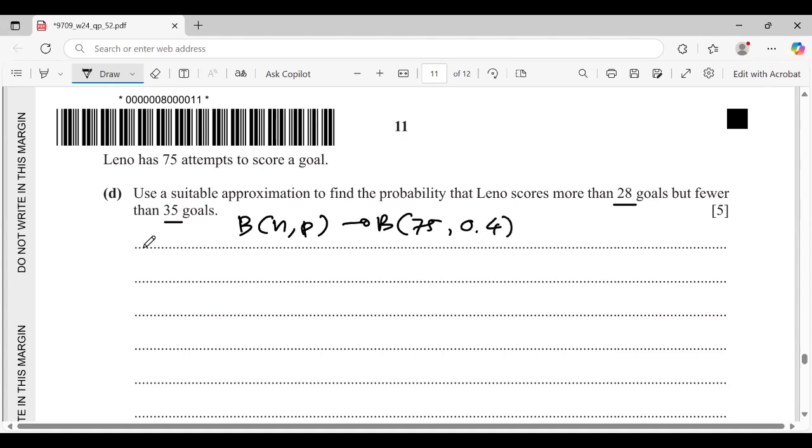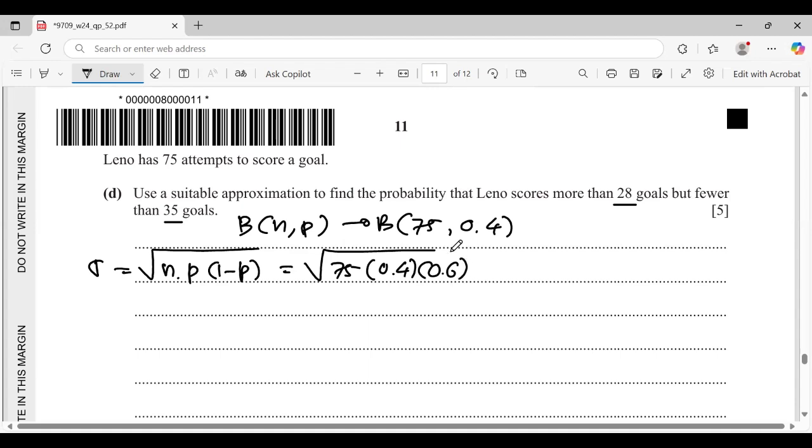The standard deviation we can find: square root of n times p times 1 minus p, equal to square root of 75 times 0.4 times 0.6. This is square root of 18, and if you calculate this, it's 4.24. So this is the standard deviation.